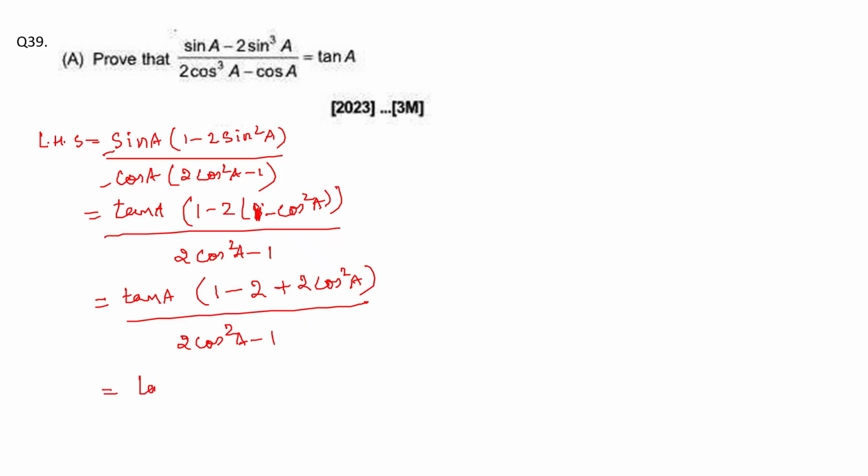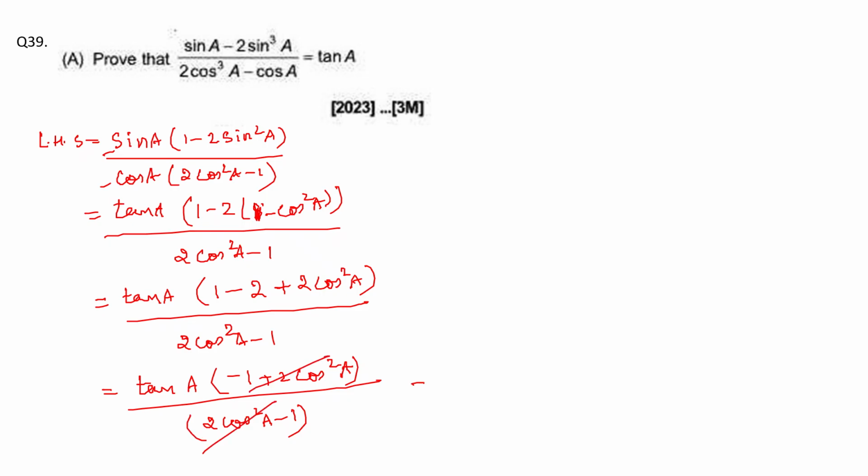Again, if you further solve, you will get tan A into (1 minus 2, which is minus 1, plus 2 cos square A) divided by 2 cos square A minus 1. Now this and this are the same thing. So it is equal to tan A, which is your RHS. Okay, so question 39 is also done.